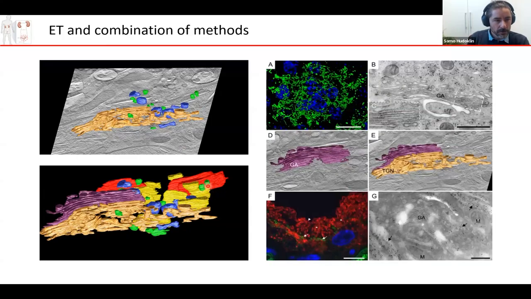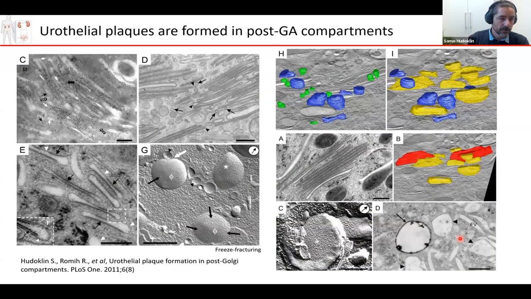So electron tomography, in combination with other methods, for instance Tokuyasu immunolabeling, freeze fracturing, or some other histochemical stainings, gave us support or proof that urothelial plaques are formed in the post-Golgi compartments sequentially.